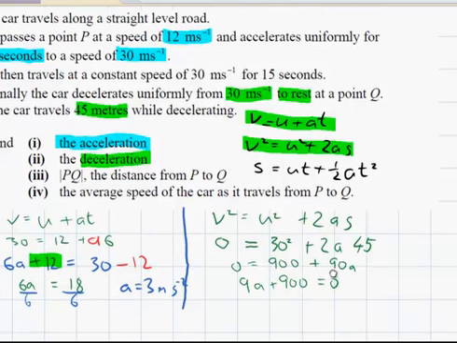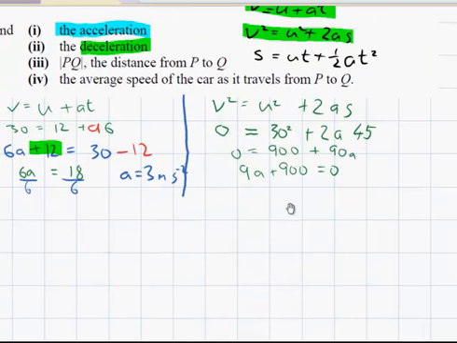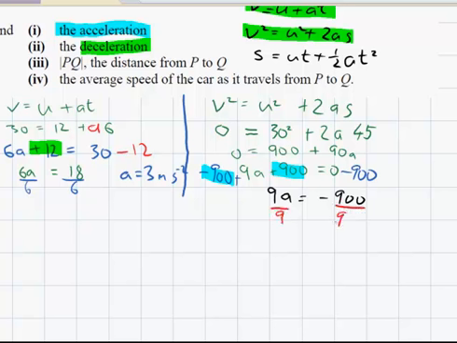Subtract 900 from both sides, and again we see that this 900 and this 900 go to 0, so in the next line we can just write 9a is equal to minus 900, and to solve this we divide both sides by 9, and we get a is equal to minus 100.